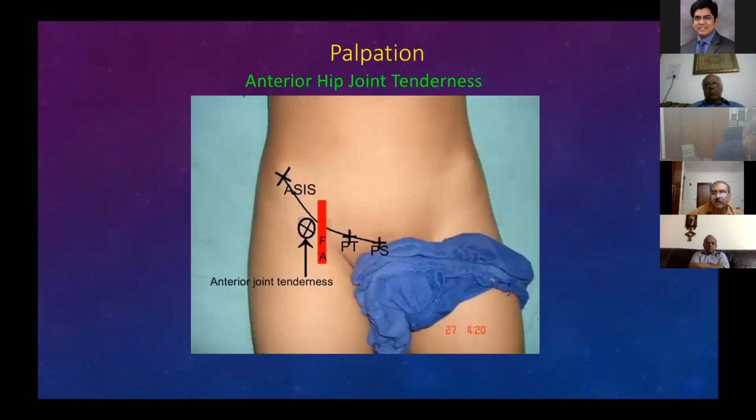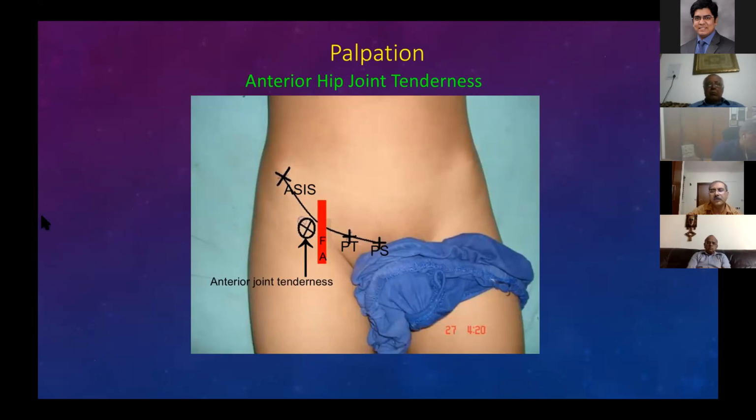Now the different points to be covered, different steps to be done when palpation is concerned. The first point, when doing palpation anywhere in the body or any system of medicine, is tenderness. As far as the hip joint is concerned, we are concerned basically about the anterior hip joint tenderness.